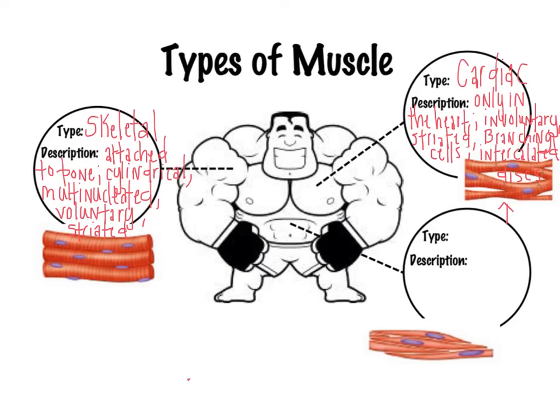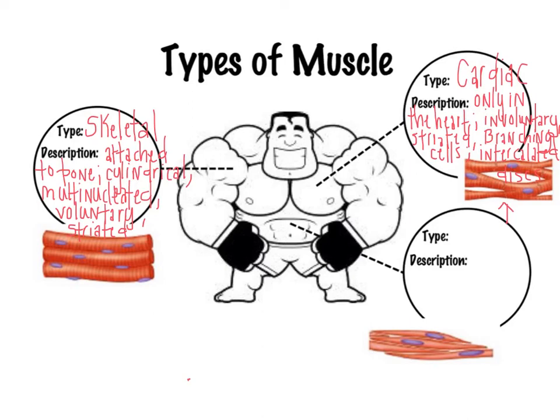It gives it a little extra strength. Keep in mind, your heart's pumping every second for your whole life, so it needs a little extra strength. That's why you have those intercalated discs. So cardiac muscle cells are only in the heart. It is involuntary, it's striated, it's branching, and it has something called intercalated disc.